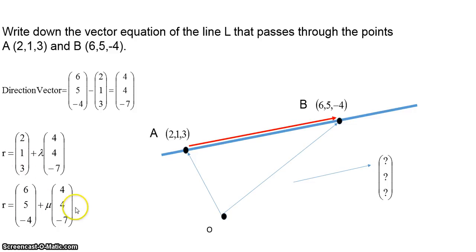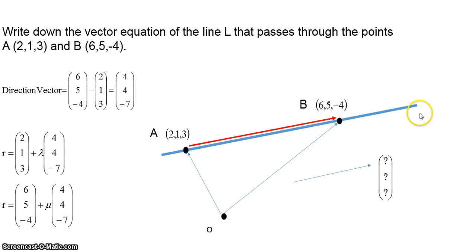This gives you the same line, but the same lambda and the same mu value doesn't give you the same point. So for example, if lambda is equal to 0, you get this point, but if mu is equal to 0, you get another point. So there's a slight difference here. But rest assured that both of these equations will give you every single point on this line.